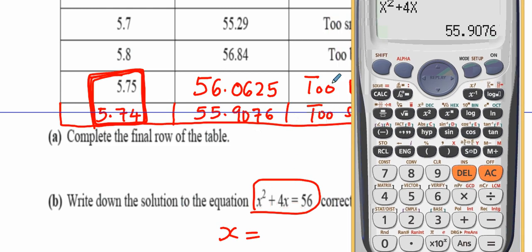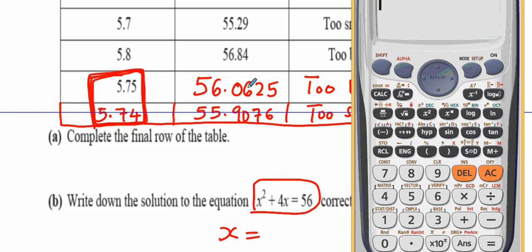Here we were expecting to get the answer which is equal to 56, but here we got 56.0625, which was too big, and then here we got 55.9076, which is too small. You see? So we want to see 56.0625 compared with 56.